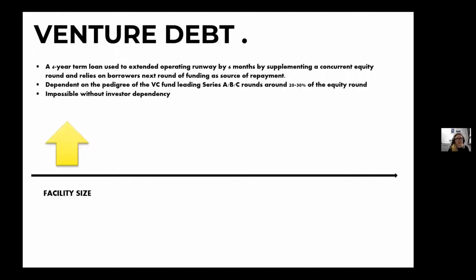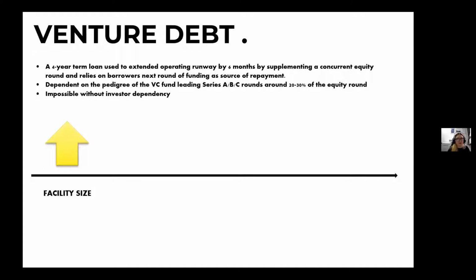It is almost impossible in our industry to underwrite this type of loan without looking at the investor, because all the funds in the market, from Silicon Valley Bank to Hercules to Columbia Capital Partners to Kreos, everybody in the industry that you guys can pick up the phone and call right now, or send an email or apply online, all of these guys are going to look at who is your investor, who is going to step in and help you restructure this or give you more capital if you get into a challenge.